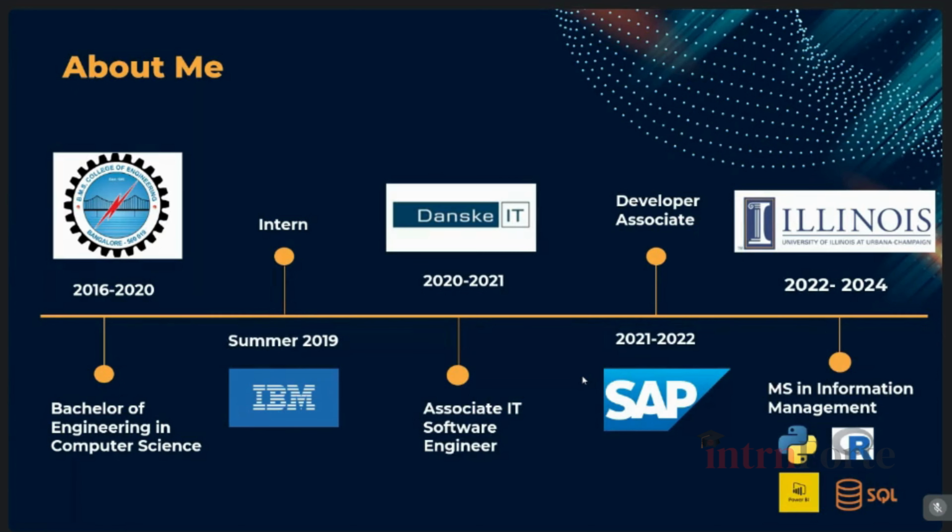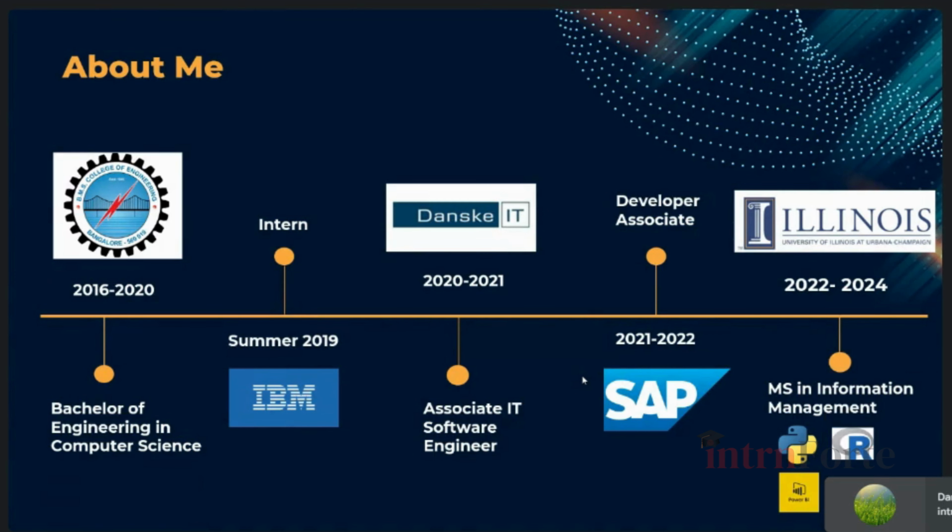From 2020 to 2021, I was working as an associate software engineer at Danske Bank, and later I joined SAP Labs India as a developer associate. During this time, I was mostly working in full stack development. I was working on Angular, Node.js, and the application that we were maintaining was a cloud native application. So I was working with a lot of those things as well.